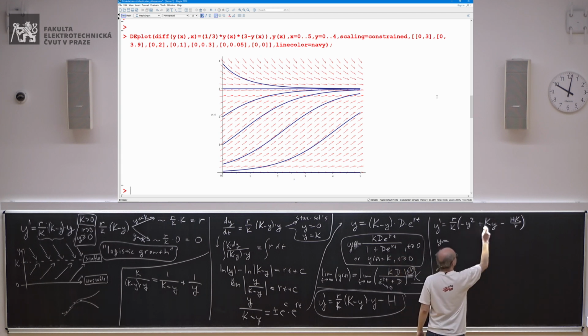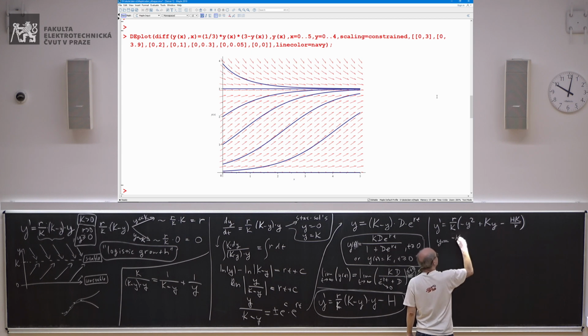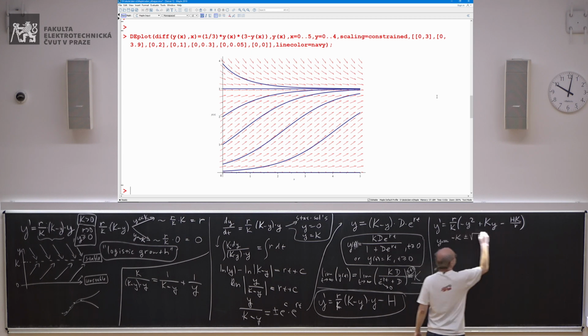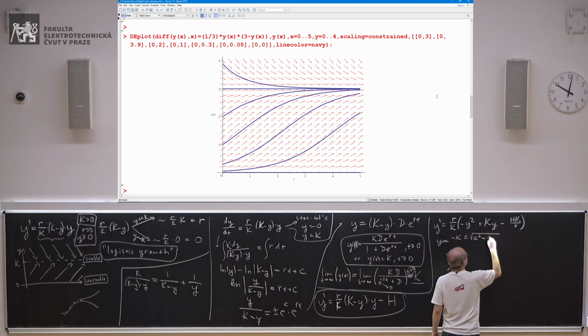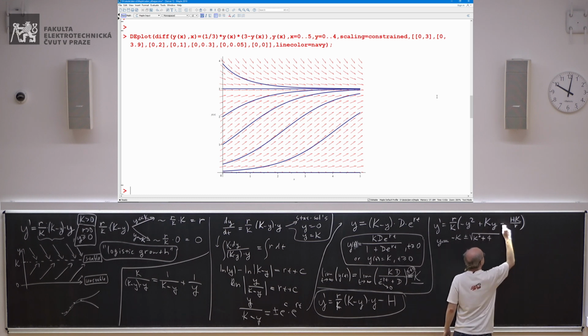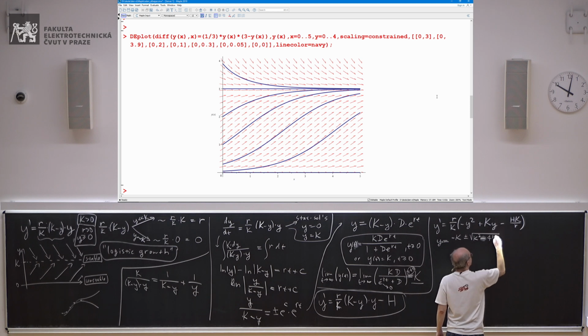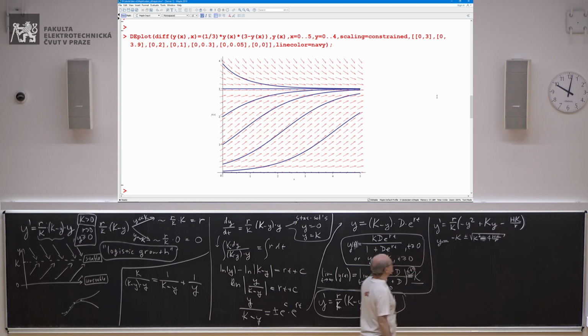Okay, here we go. Minus k plus or minus square root k square minus 4, minus 1 makes it into plus, minus makes it into, okay, minus 4 hk over r. Did I make a mistake somewhere, anywhere?